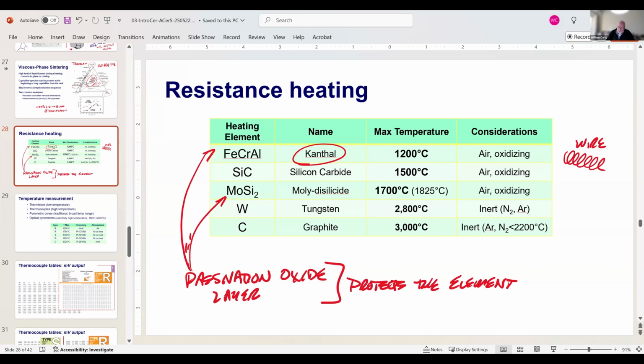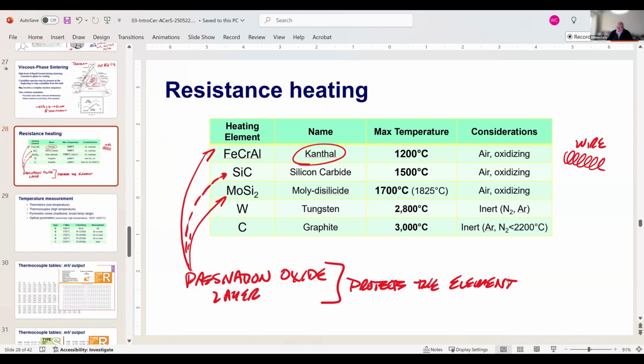Okay, so I'm going to draw that as a dash line here for silicon carbide. Silicon carbide, 1500, you could probably push it to 1600 for a little bit, but not reliably. I'd say 1550 is your true max, but 1500 is good. These elements work very well at those temperatures. They work very well above about 350 degrees C.